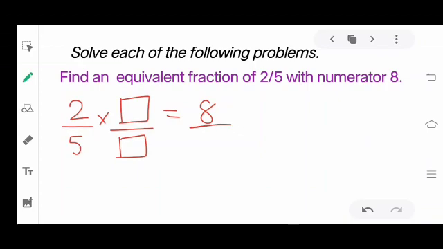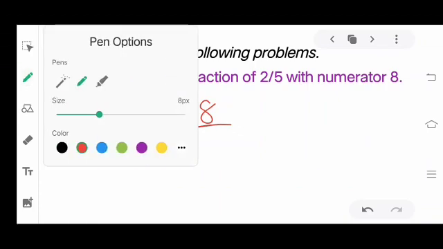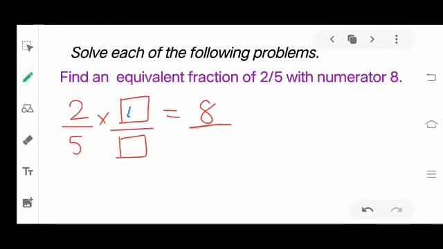So tell me, with which number am I going to multiply 2 so that I get my answer 8? That number is 4.